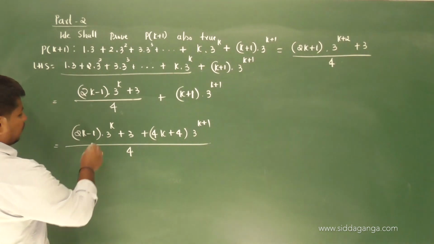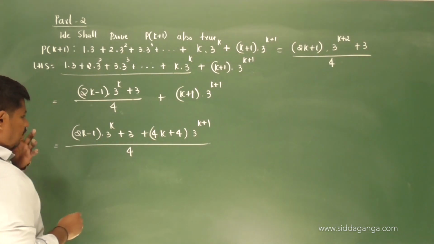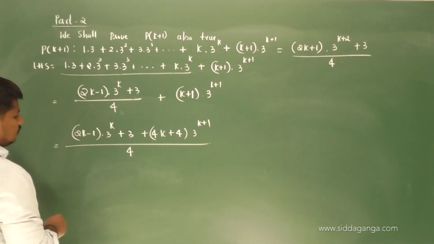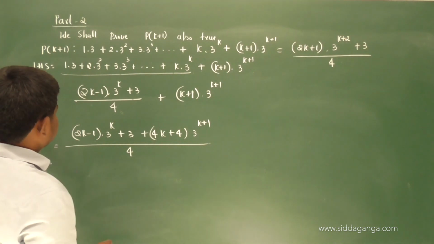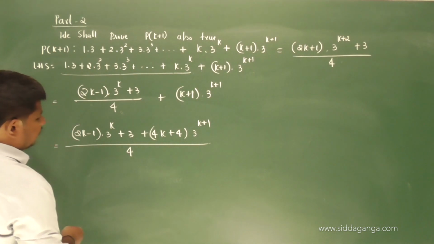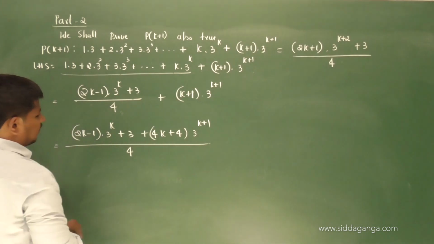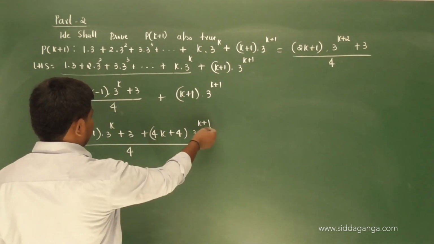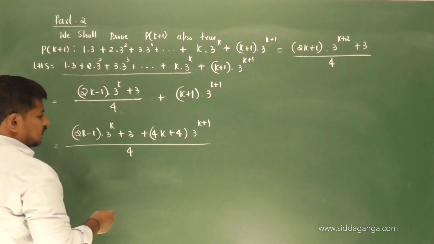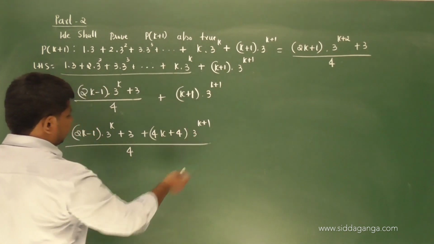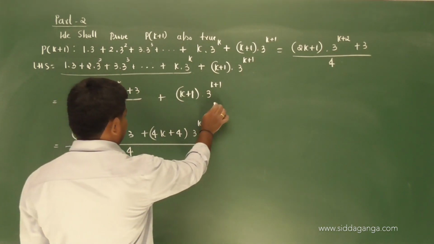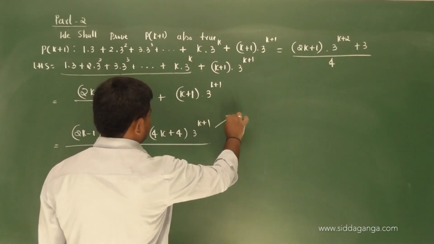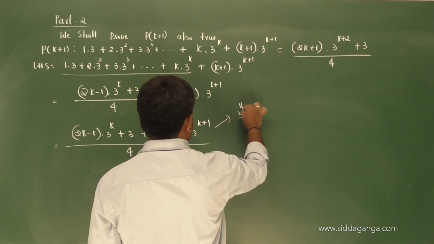Yes, in these two terms, what is common? 3 power of k is common, right? So 3 power of k plus 1 I can write as 3 power of k into 3, can I? So this is same as 3 power of k into 3.